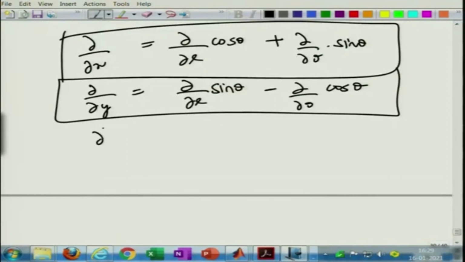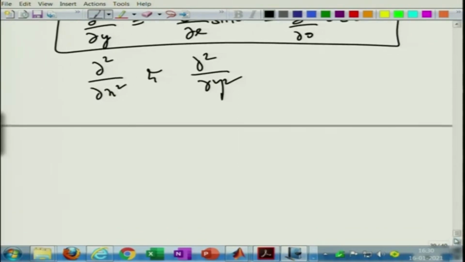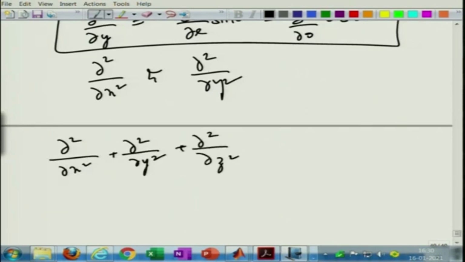The thing is that we would like to figure out what this and this are in terms of the partial derivatives with respect to r and with respect to theta. Of course, there might be terms involving r or theta that multiply the partial derivatives, but after some algebra we can readily show that your Laplacian in cylindrical polar coordinates will become this.